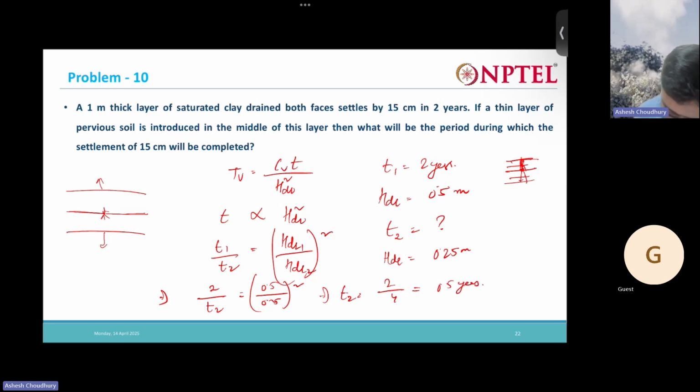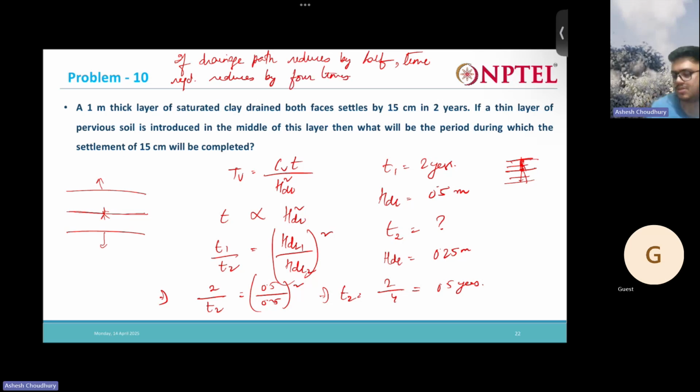So hence we can say that if the drainage path reduces by half, the time required reduces by 4 times.